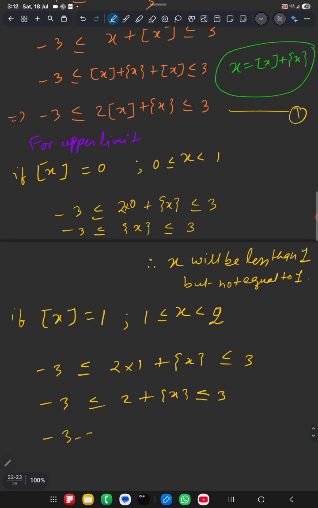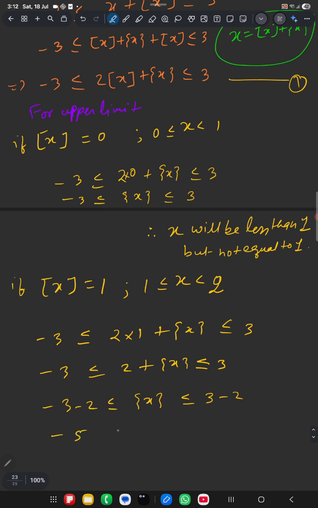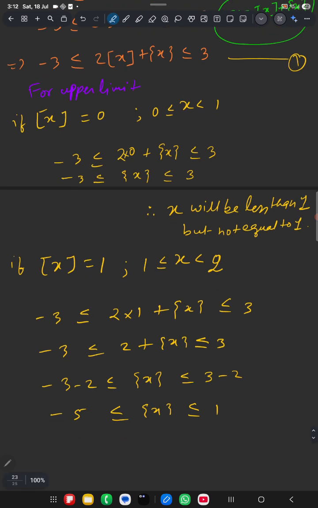So -3 minus 2 is less than or equal to the fractional part, and 3 minus 2 on the other side. So the fractional part of x is greater than or equal to -5 and less than or equal to 1. Less than or equal to 1 is not possible, since the fractional part is always less than 1.